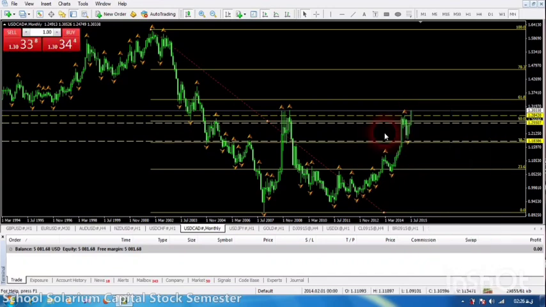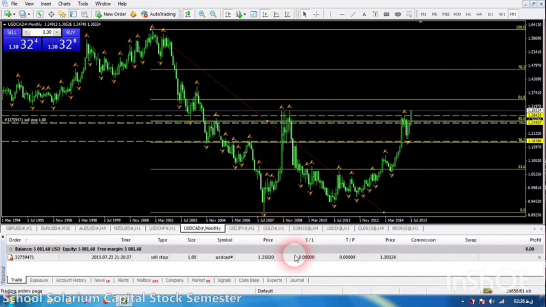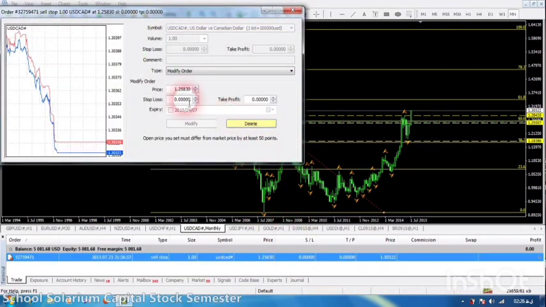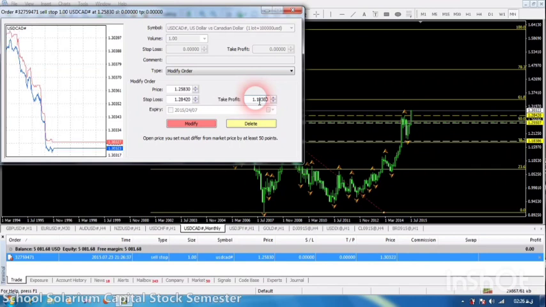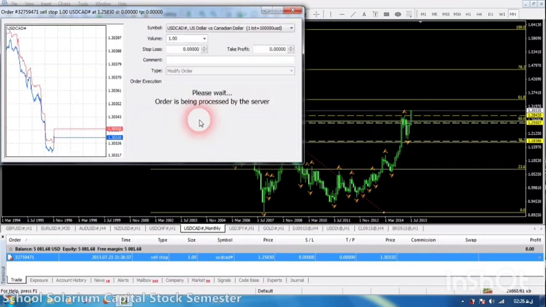So in here I choose my sell stop again, and my stop loss, the one at the top, is 1.2028420, and my take profit is 1.18386.